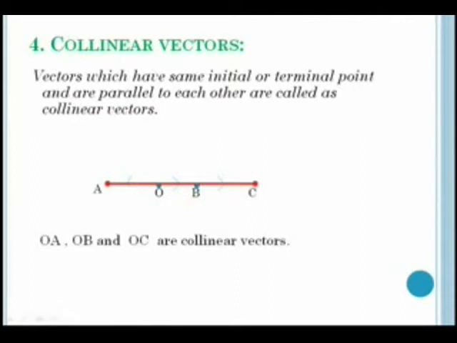That is, they lie along the same line. If we consider AC as a line, then we see that OA, OB, OC are all along the same line. So vectors which are along the same line or which have the same initial and terminal points and are parallel to each other are called as collinear vectors.